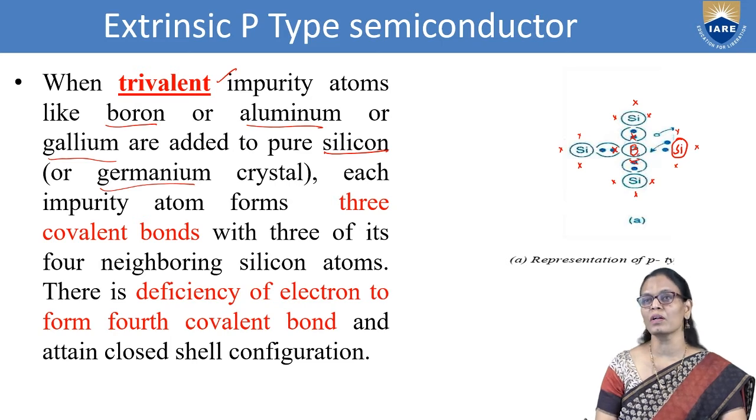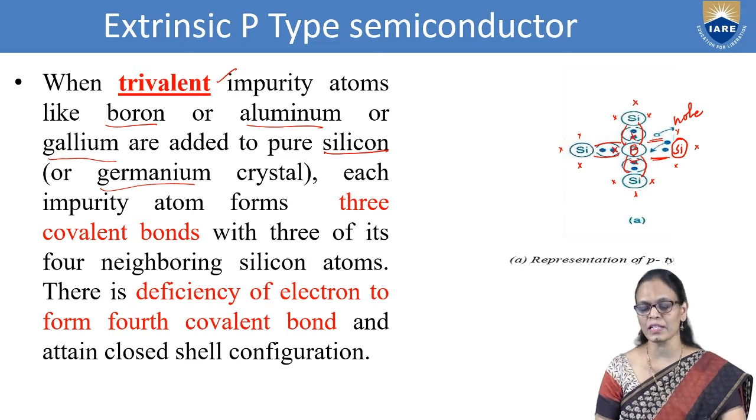Now this boron, because it has 3 valence electrons, can form bonds with 3 of the neighboring atoms, 1, 2 and 3. Here it does not have an electron. So a deficiency of an electron, we call it a hole. There cannot be a bond formed here because it does not have an electron to form a bond with silicon.